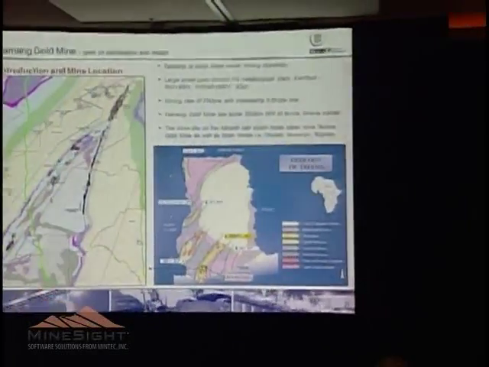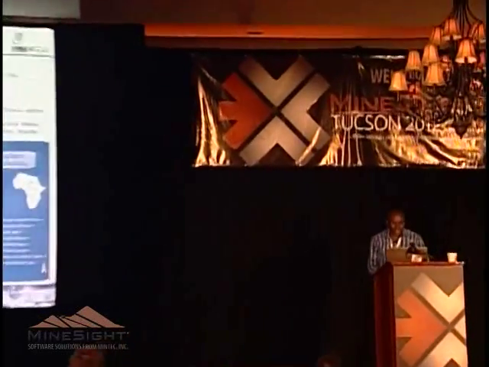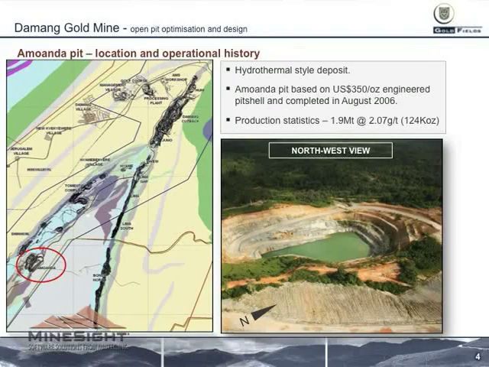The mine sits on the famous Ashanti Belt, which hosts the sister mine Tarkwa Gold Mines, and also other famous mines like AngloGold Obuasi, Konongo, and Bogoso. That's a pictorial view of Amoanda pit as it stands now, slightly filled with water.